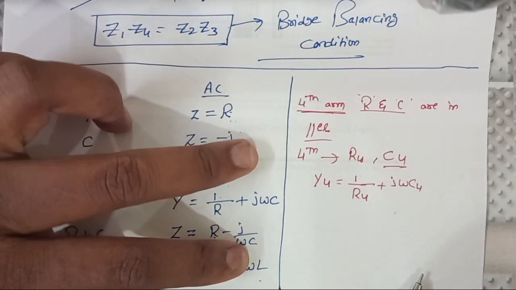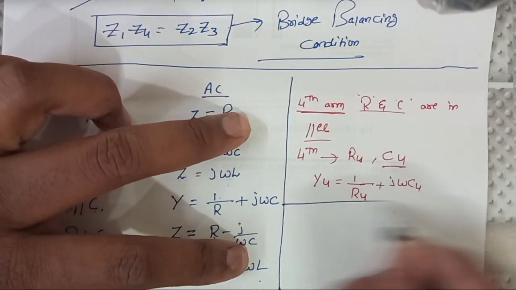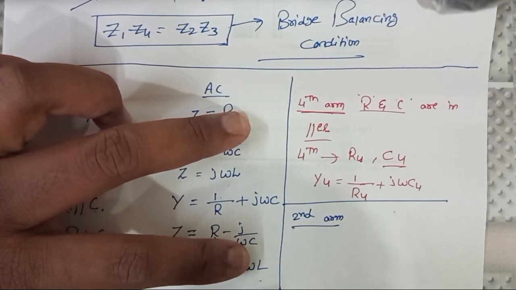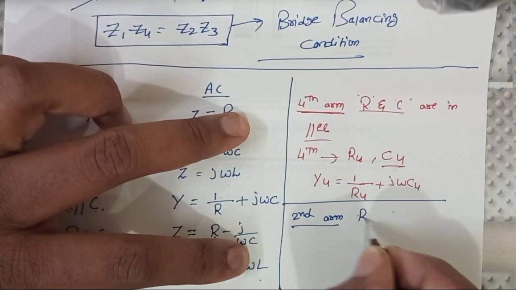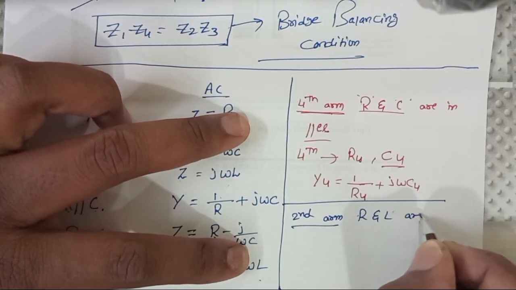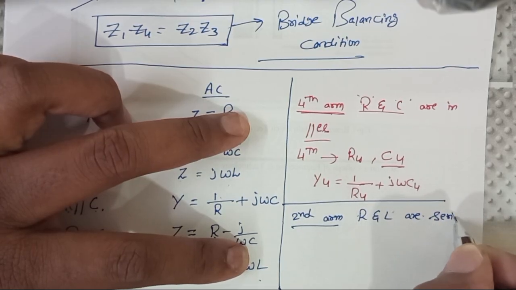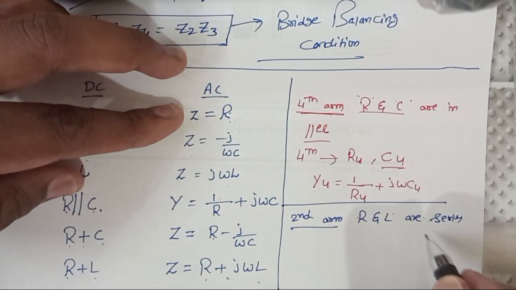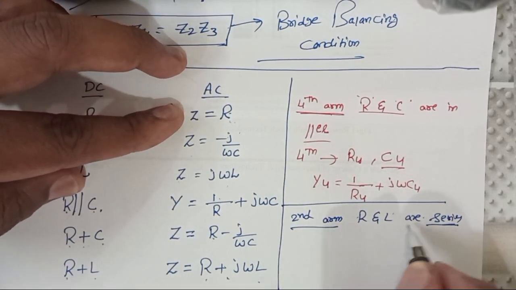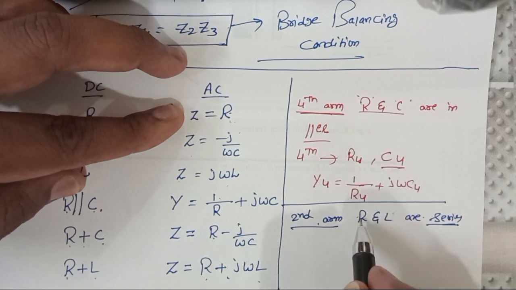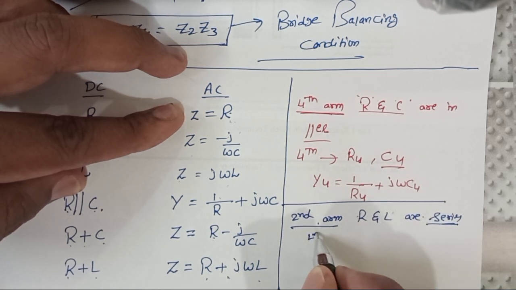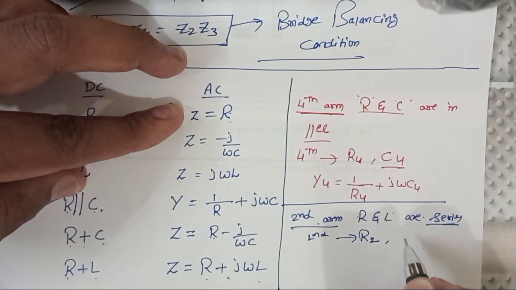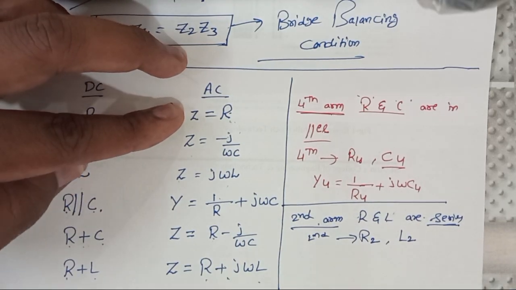For example, in the second arm, R and L are in series. So in the second arm, R can be written as R2 and L as L2.